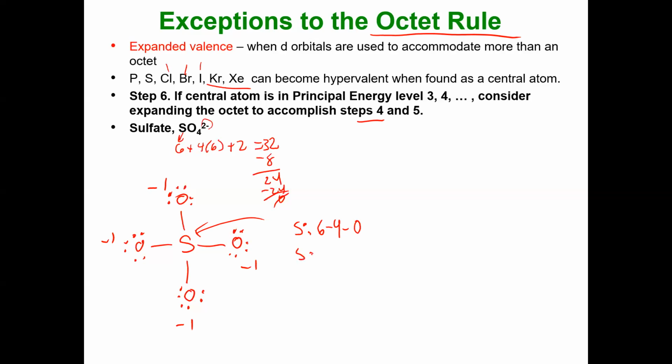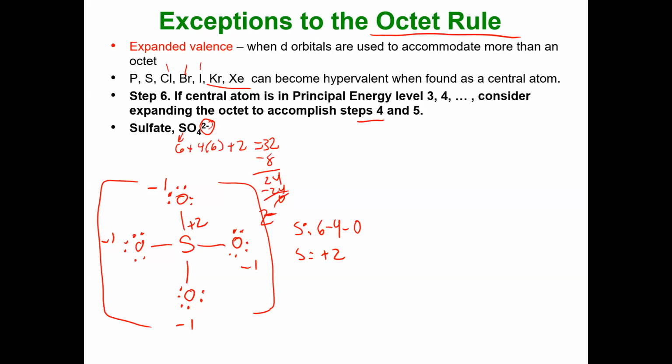This sulfur's formal charge is equal to +2. So every oxygen has a -1, the sulfur has a +2. Overall, the formal charge is -2, which matches the charge of this polyatomic ion.